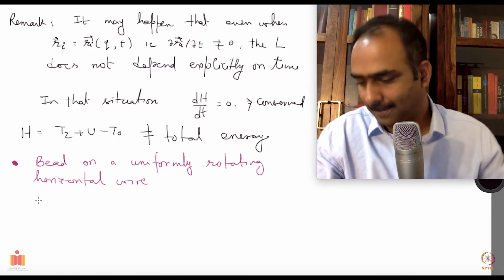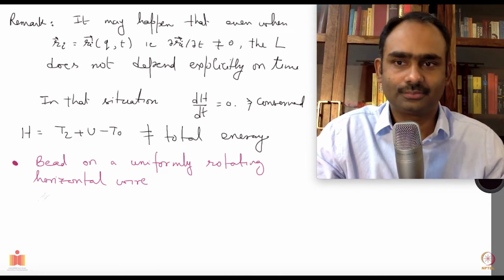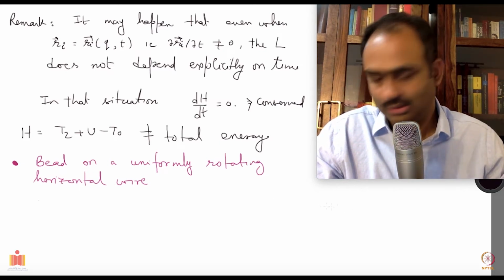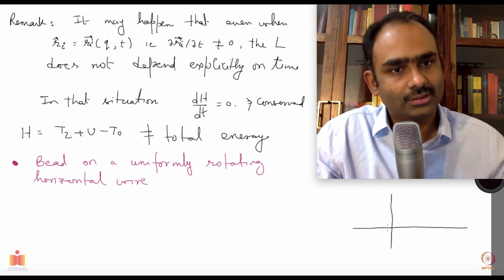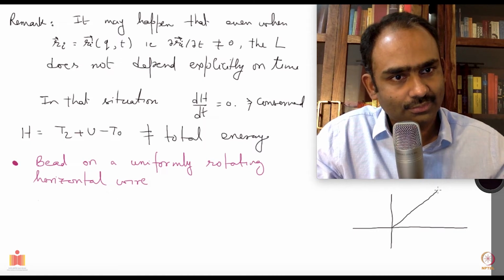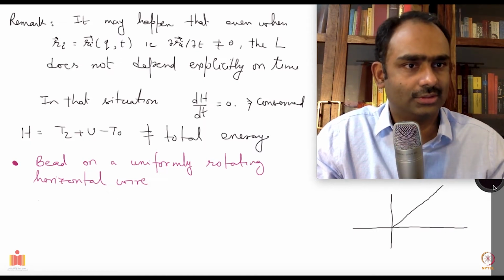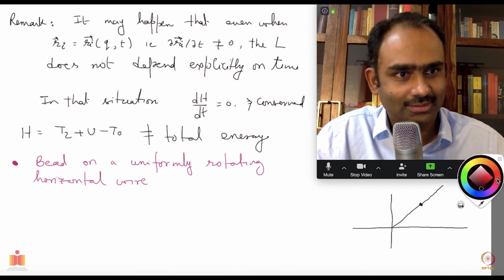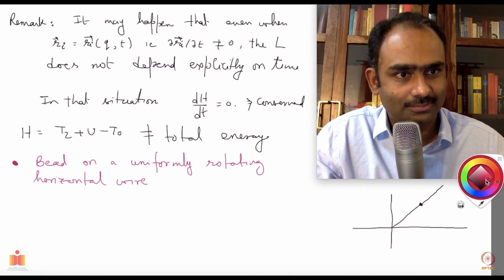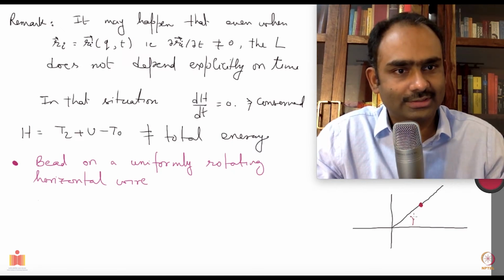Okay, here, let me draw the diagram. So that's your wire. It goes along this. I'm just feeling like putting more color today. Okay, let's see. So here is your bead, and this thing is moving with some angular velocity omega. That's your x-axis.